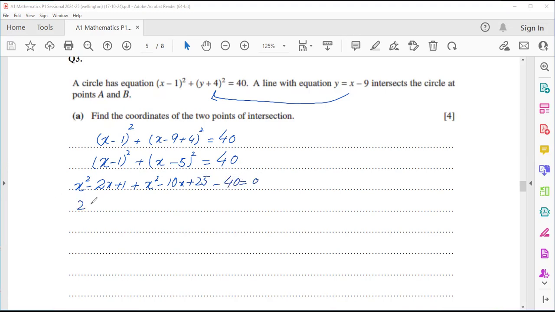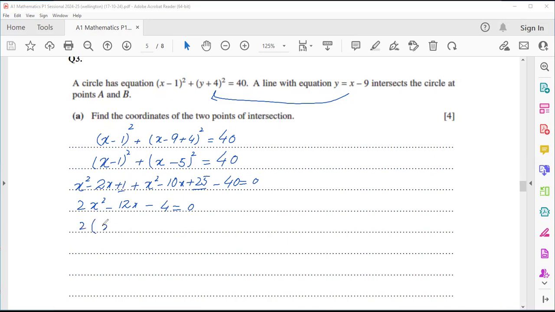So I will get 2x square minus 12x and plus 14 becomes 0. Not plus, that is minus 14. How? Because 25 plus 1 becomes 26, minus 40, so it becomes minus 14.